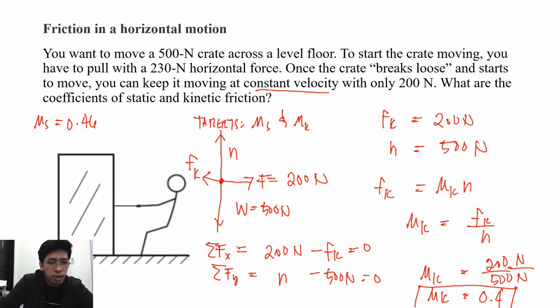So your coefficient of kinetic friction is 0.40 or 0.4. If you've got a mu k that is greater than your mu s, then perhaps your answer is wrong. You can check it using our concepts of static and kinetic friction.